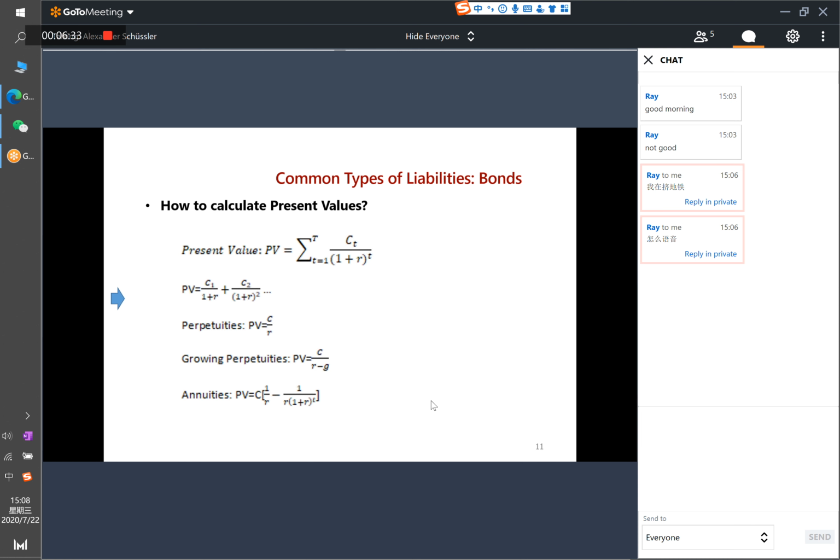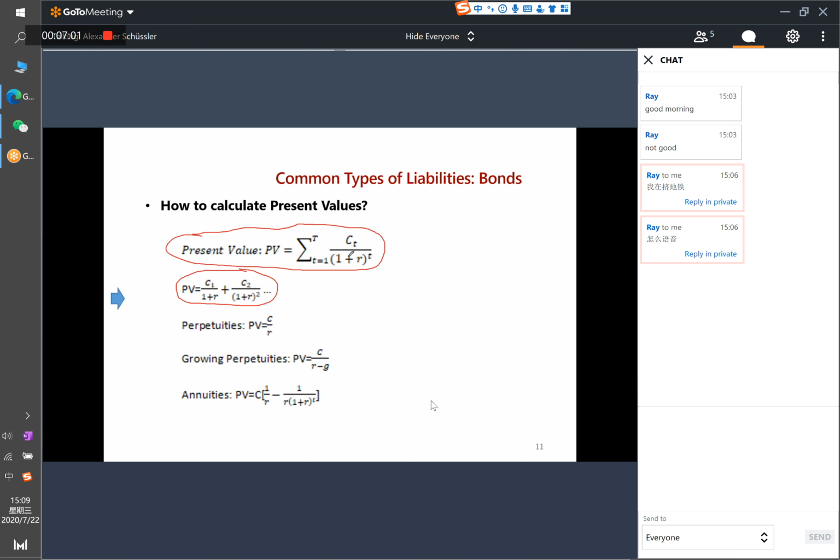These are very general formulas for calculating present values. This is the one we have just seen, and this is actually the same. It's only written differently, but what you do here is the same.